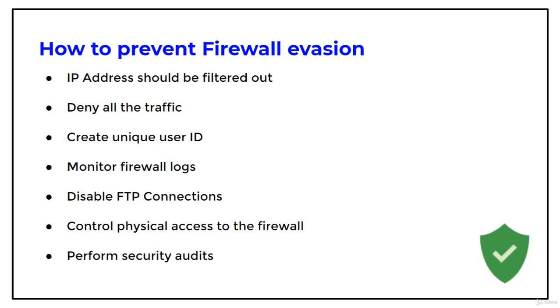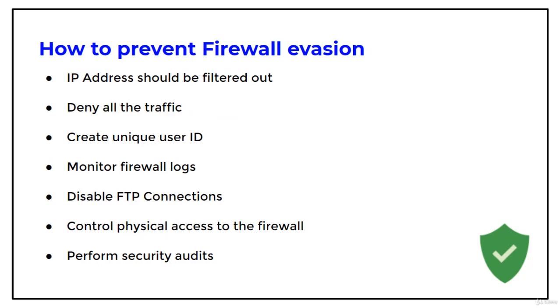Now by default, disable all the FTP connections to or from the network. Catalog and review all the inbound and outbound traffic allowed through the firewall. Take regular backups of the firewall rule set and configuration files, and schedule regular firewall security audits.